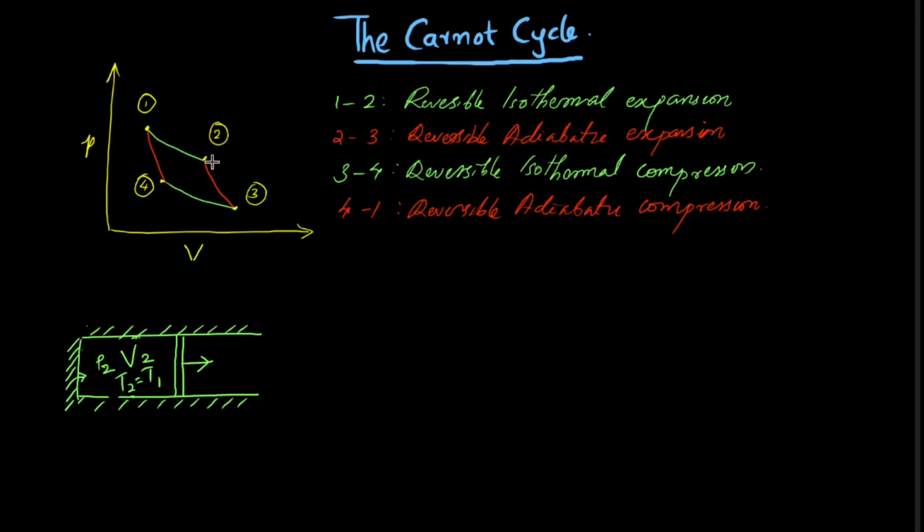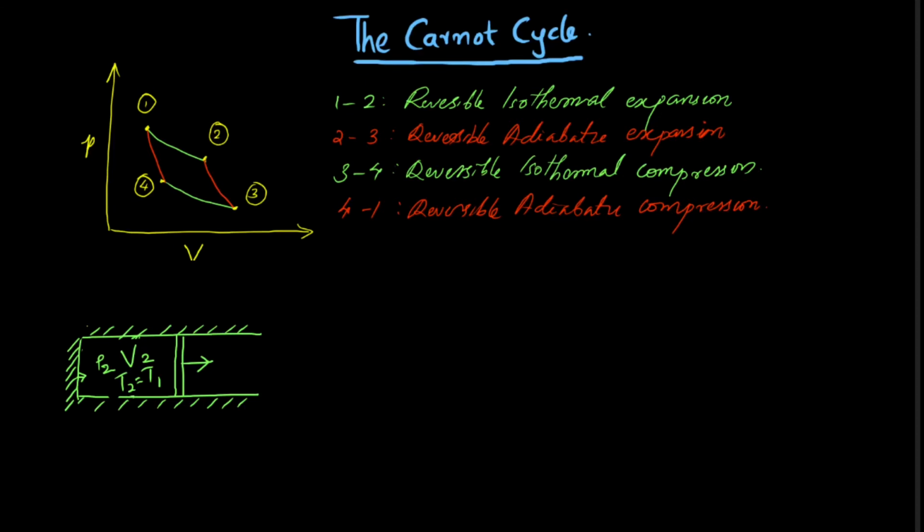The work done will be at the expense of the internal energy. So internal energy decreases, and temperature also decreases from T1 to T3. From 1 to 2 the temperature remains the same as T1, then from 2 to 3 the temperature decreases from T1 to T3.